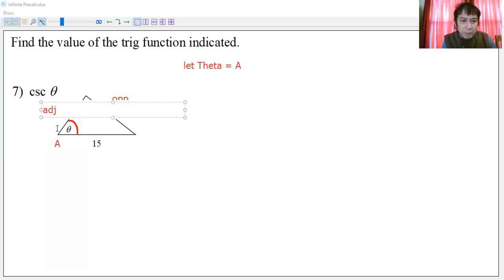And of course, the 15, which is opposite the right angle, should be our hypotenuse. I just placed abbreviated words there, which stand for opposite, adjacent, and hypotenuse with respect to angle A. And so we're after cosecant of angle A.